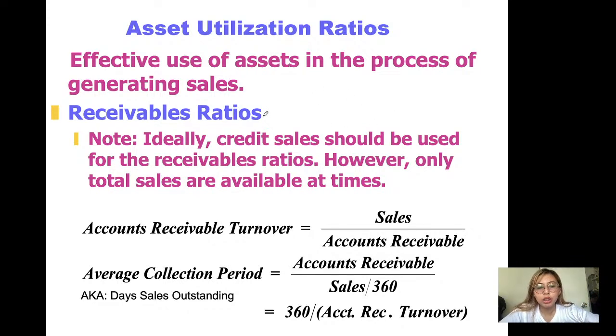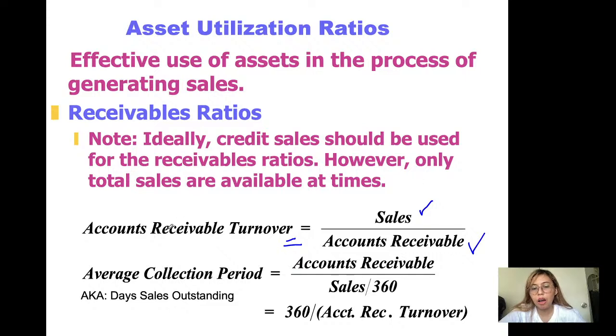And also, receivable ratios. Ideally, credit sales should be used for the receivable ratios. However, only total sales are available at times. So, paano natin ma-measure yung receivable turnover? Ibig sabihin, gaano ba kabilis magbayad ng utang ang ating customer? So, sales, nasa income statement yan, over accounts receivable, which is nasa balance sheet.